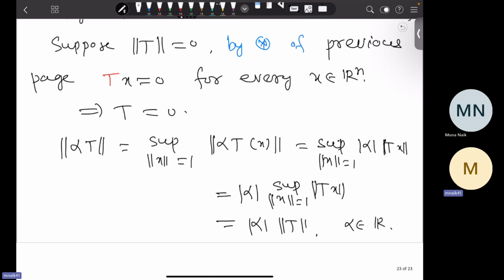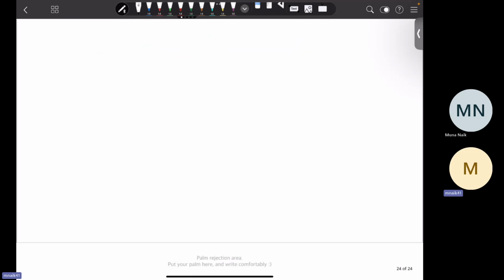So positive definiteness we have done, homogeneity done, now the triangle inequality.